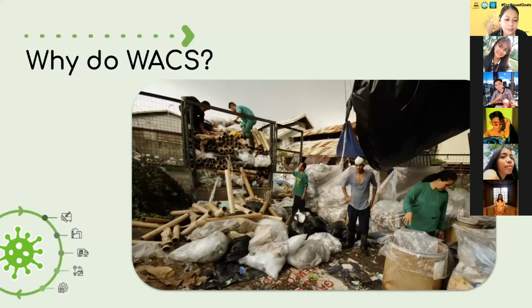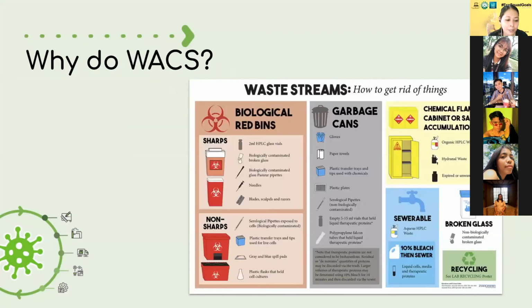For example, local government planners, haulers, recyclers, researchers can use the information from WACS to estimate the amount of certain materials in their waste stream. Businesses are also interested in this because they can understand what's in their waste stream. So doing WACS is actually an essential first step in devising ways to reduce waste and cut disposal costs.